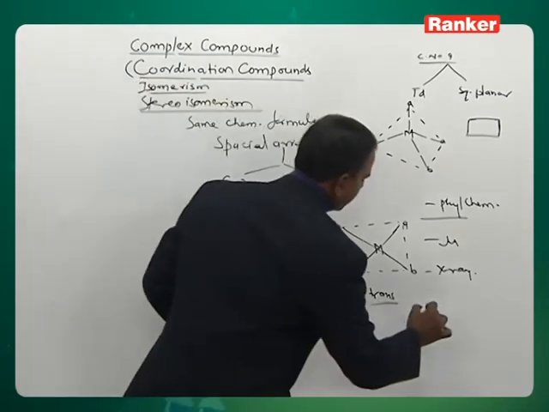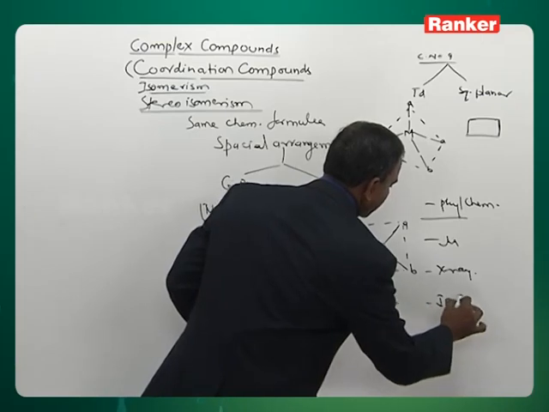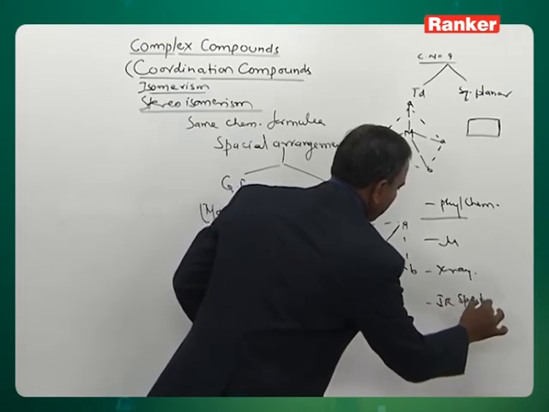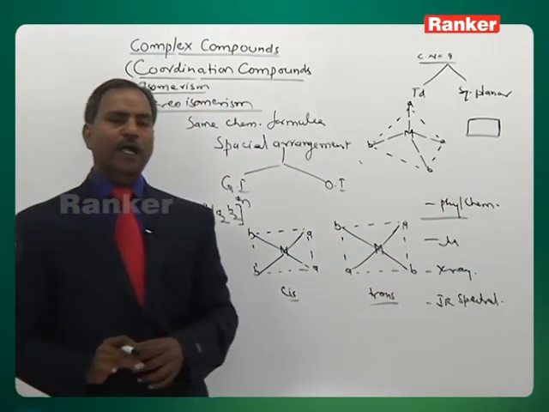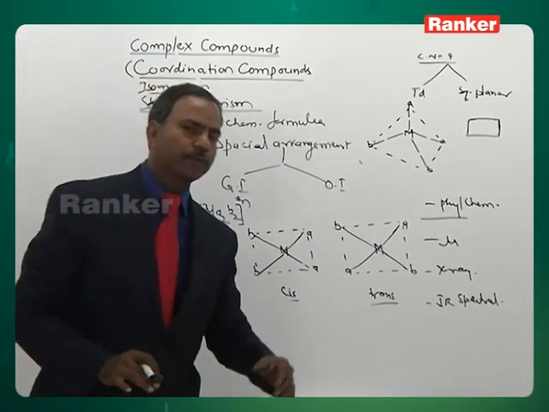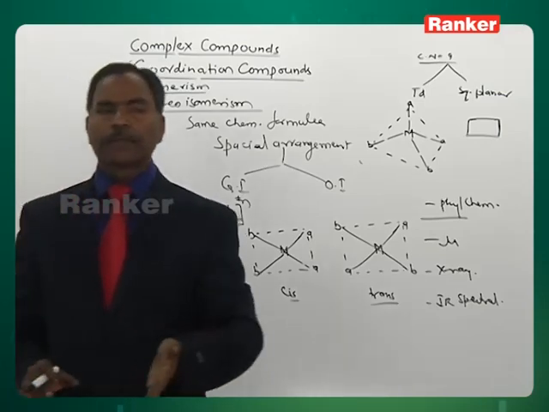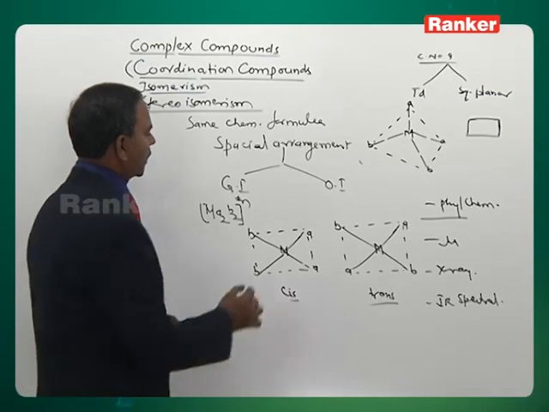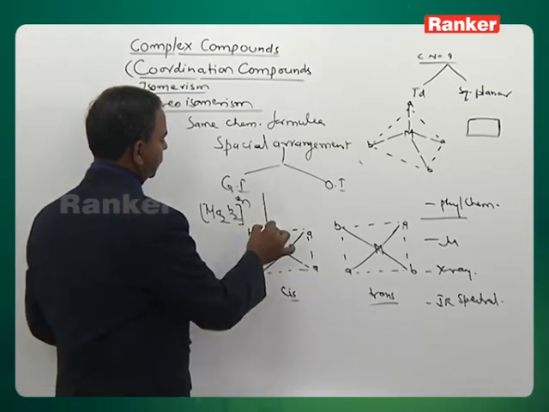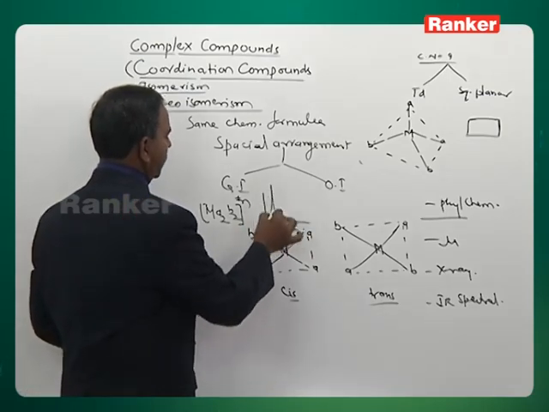Coming to the next one, infrared spectral analysis also gives information about which is the cis isomer and which is the trans isomer. For a cis isomer, for example, we get absorption bands like this.